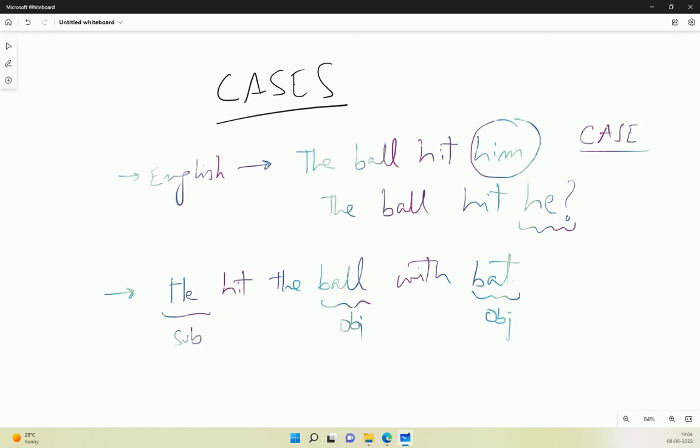The ball is being acted upon. But he's hitting the ball with the bat. Only if he holds the bat can he hit the ball. All right. Perfect. You are absolutely right.